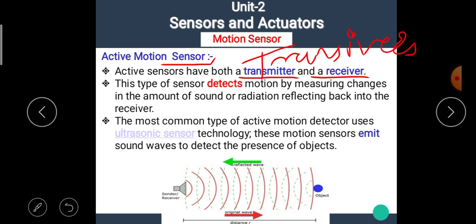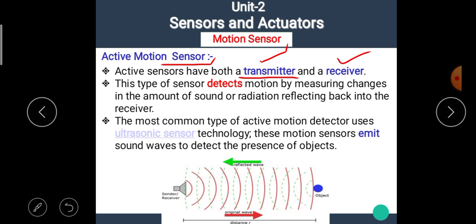We have seen one type of transceiver in the previous lecture, named the ultrasonic sensor. Okay, that means this sensor contains both transmitter and receiver in a single module.